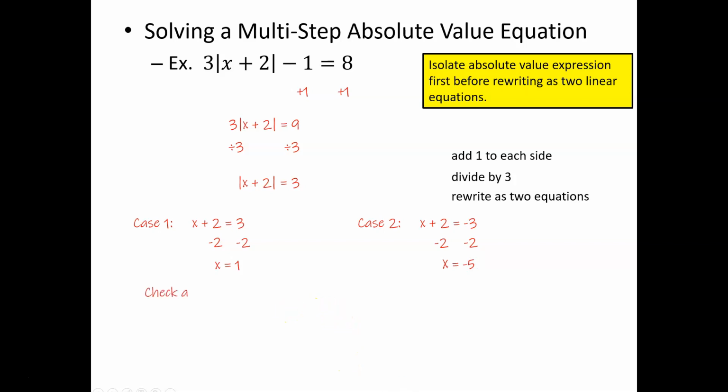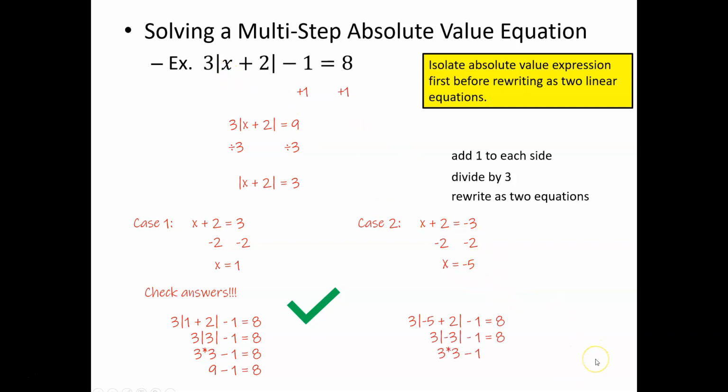Now we should check our answers. You always want to check your answers because sometimes they won't work. So you put them back into the original equation, and we find out that yes, that one works. Then we put the -5 back into the original equation, and we find that, yes, that one also works.